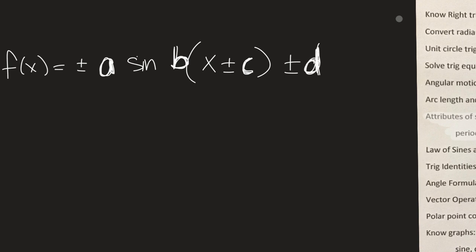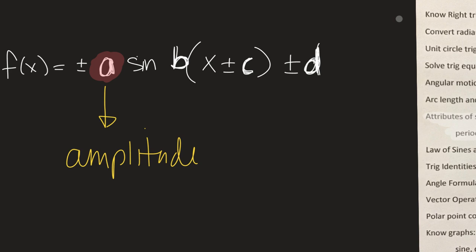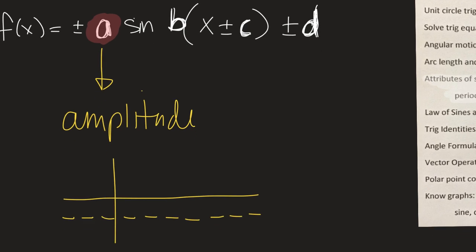This part right here, the thing in front, the scalar multiplier of your trig, is your amplitude. Amplitude tells you how high or low you go above your midline. Every graph will have a midline. Some of them are going to be the origin.